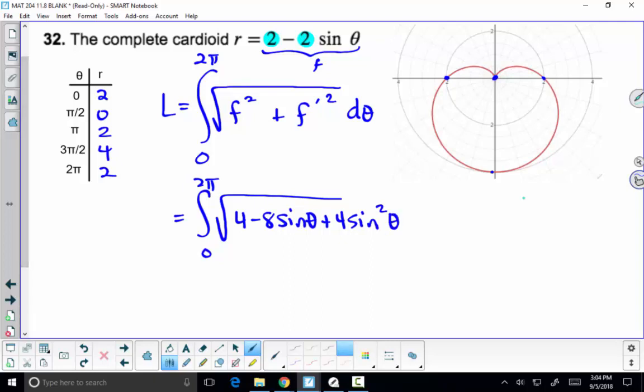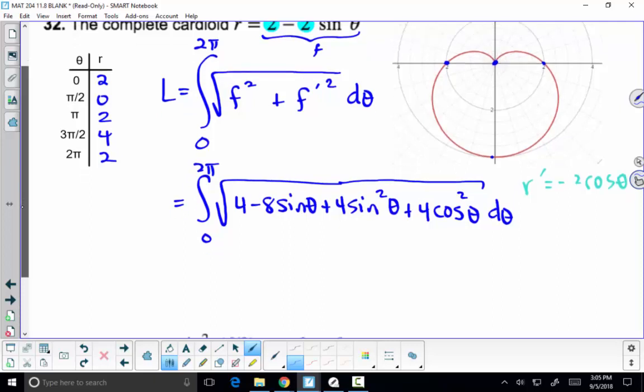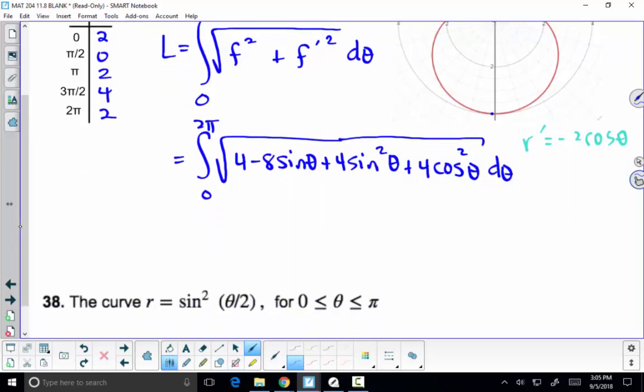So off on the side, let's make sure that we note what the derivative is. Looks like it's going to be minus 2 cosine theta. So then we plug that in, squared theta. So we're just taking the r value, taking its derivative, squaring them both, adding them up, and 0 to 2 pi.